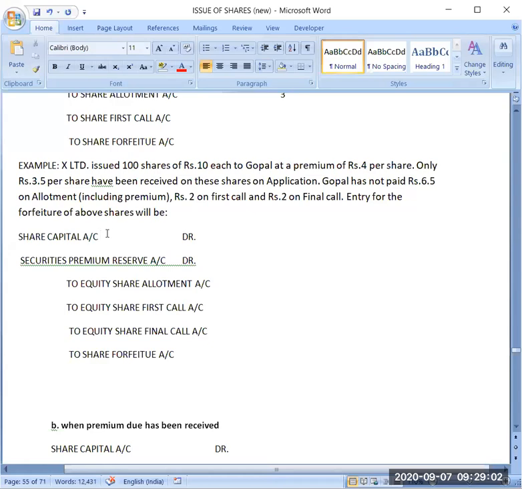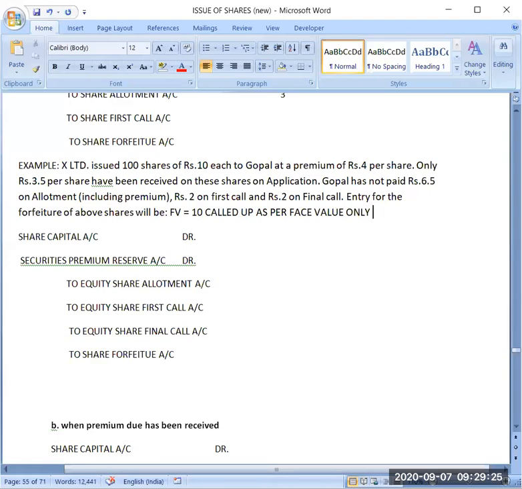The rule for share capital is called up. So your face value is rupees 10. You have to decide called up as per face value only.